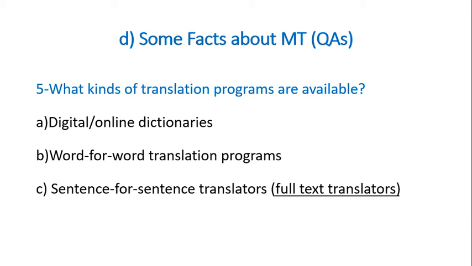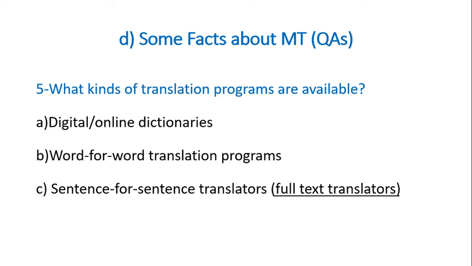Question number five is what kinds of translation programs are available? Again, here we are not taking the answer to this question comprehensively, because we cannot at this stage. Since this is a part of an introduction, we are just getting the introduction. So we can talk about these things. Digital online dictionaries are one part of machine translation.